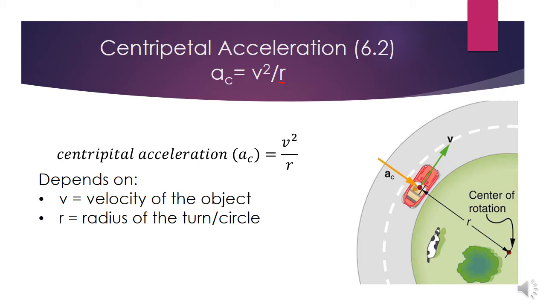We need to know the velocity of the vehicle, this green vector here, as well as the radius of the circle. The radius of the circle is going to be in meters, so it's very similar to the d values we've been using in the chapter 4 equations. The same units.